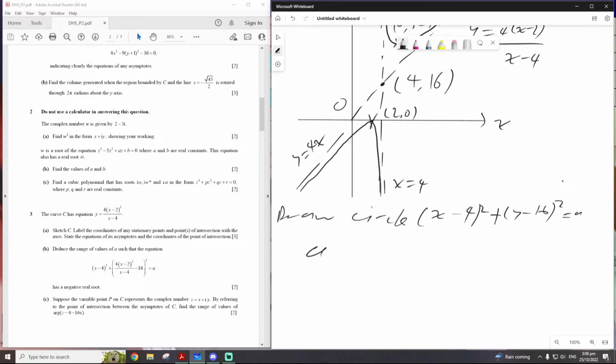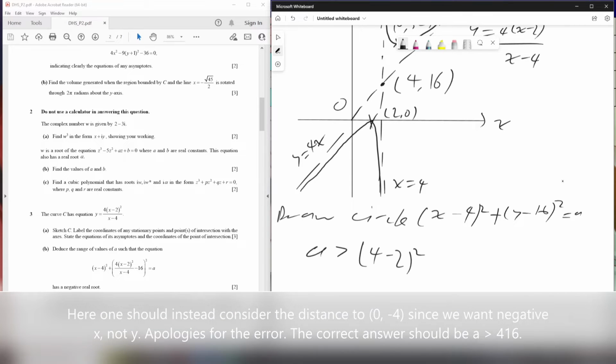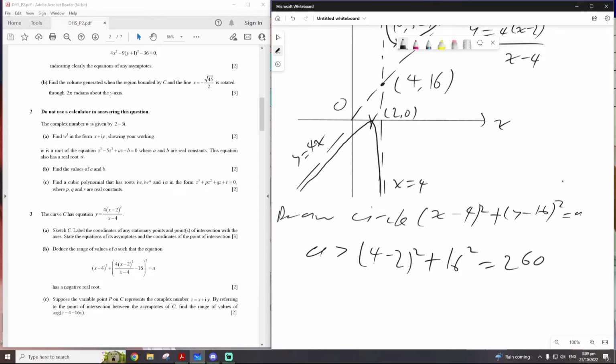So a is greater than the square of the radius, which is 4 minus 2 squared plus 16 squared, okay, which is just 260. So yeah, that's it. a is greater than 260. Then the equation should have a negative real root.